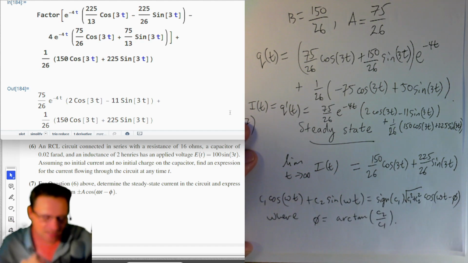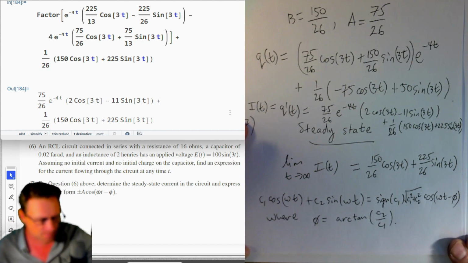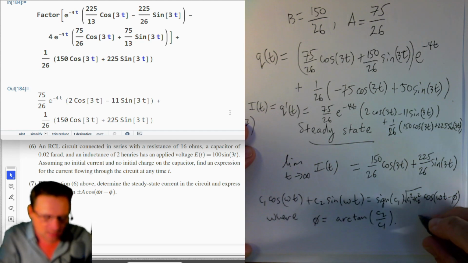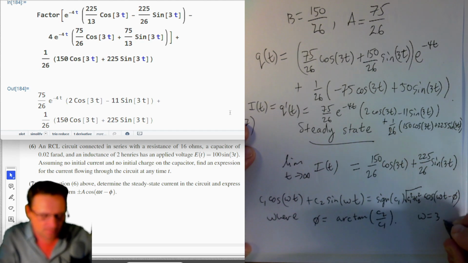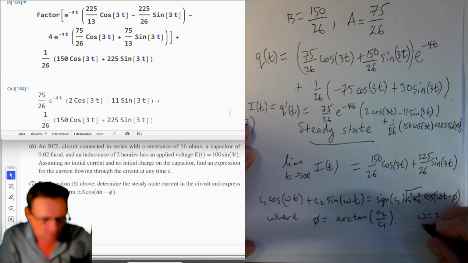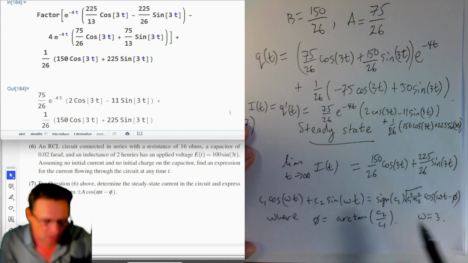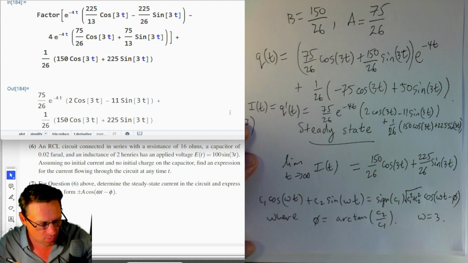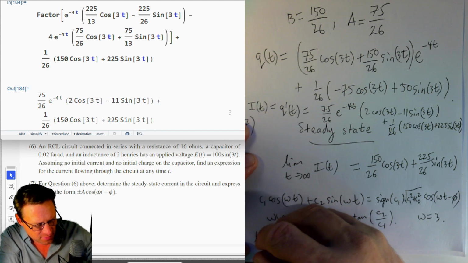Okay, and so we're using an angle addition formula for the cosine. So let's have a look at this. Omega, in our case, is 3. C1 and C2 are both positive, so the sign of C1 is 1.